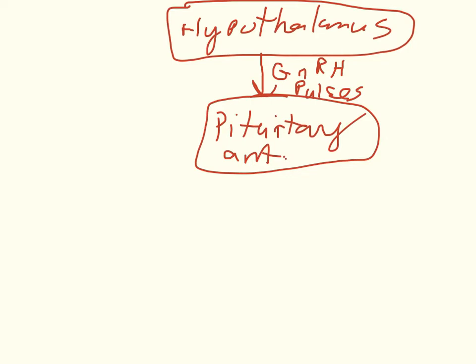And whenever it gets acted on by gonadotropin releasing hormone, it's going to release two primary hormones. The first one is follicle stimulating hormone, FSH, and the other one is luteinizing hormone. Follicle stimulating hormone is going to act to cause follicular development, while luteinizing hormone is going to act on the corpus luteum to maintain it.